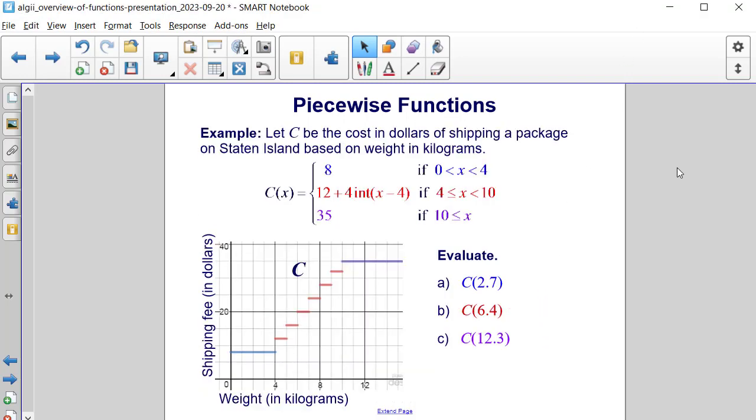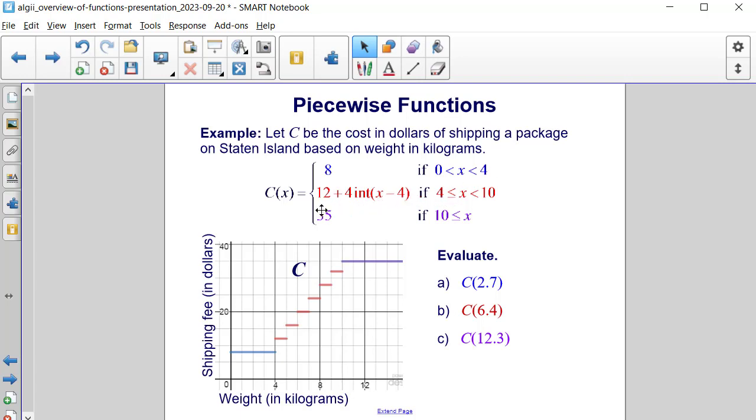Here's another example. We're going to let C be the cost in dollars of shipping a package on Staten Island based on the weight in kilograms. We have that the shipping cost would be $8 if the weight falls between 0 and 4 kilograms, not including both endpoints.